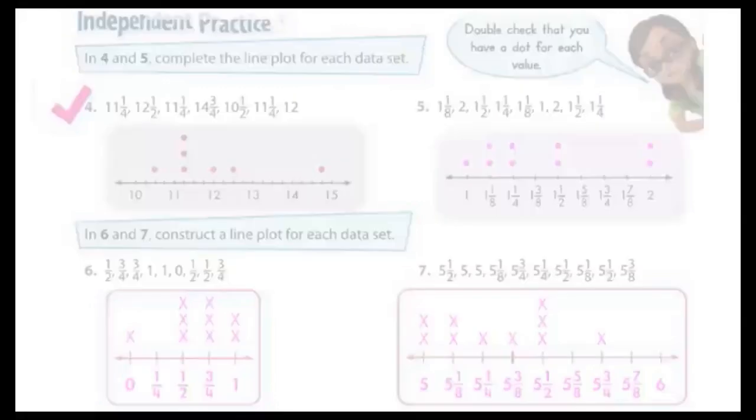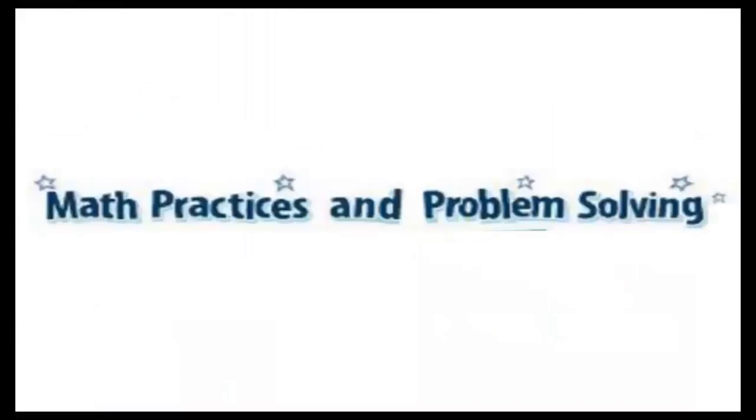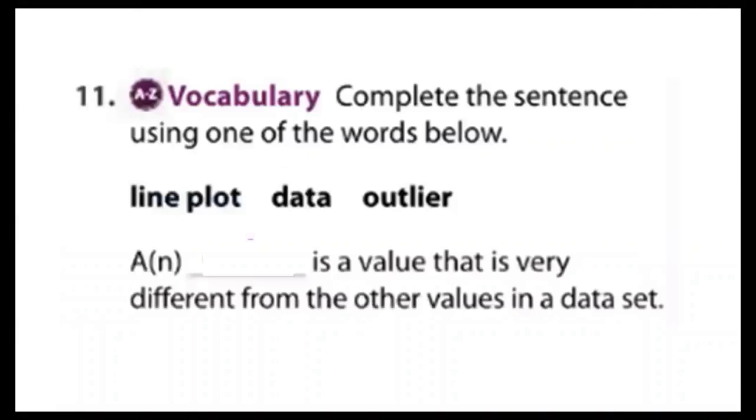So we finish our independent practice and move to math practice and problem solving. Please be ready with me and pay more attention. Here in problem solving, page number 708, question number 11.